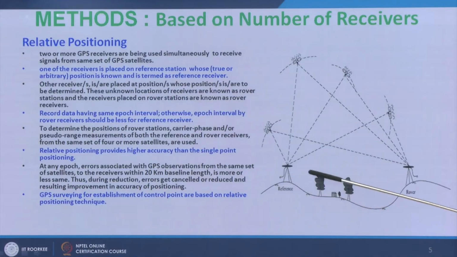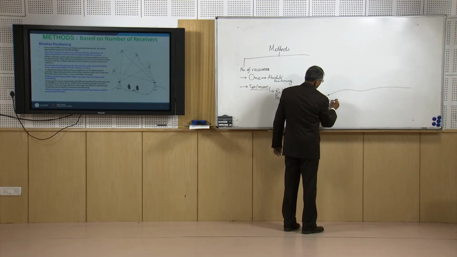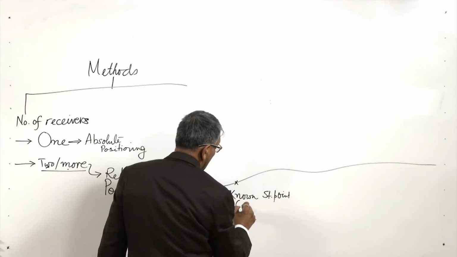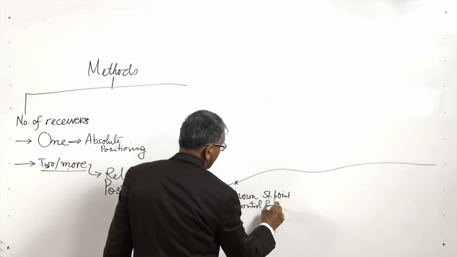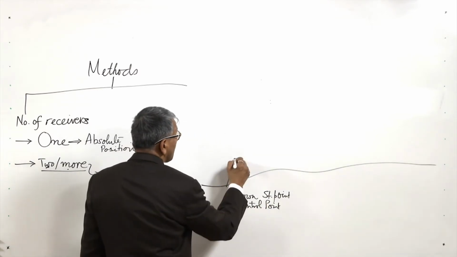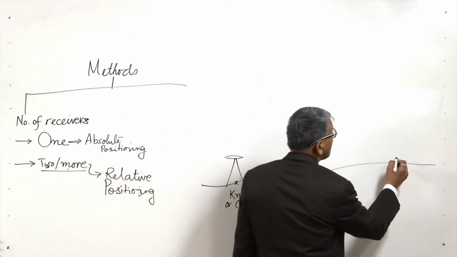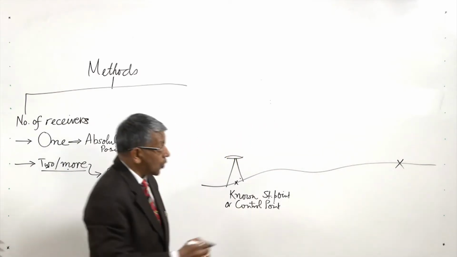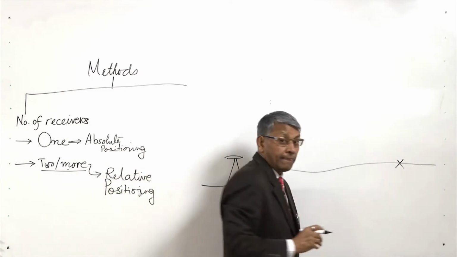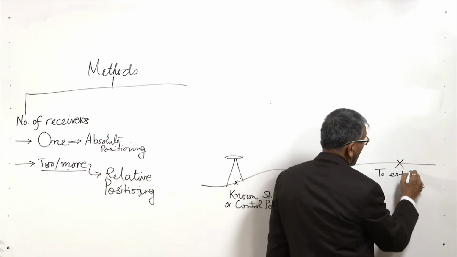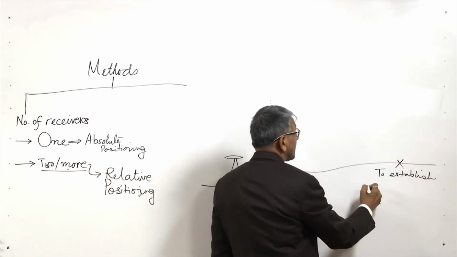One of the receivers is kept at a known station point or control point, and the other receiver is placed at a location whose position has to be determined, or if we want to establish a new control point.